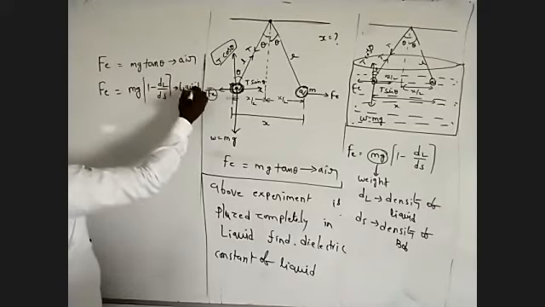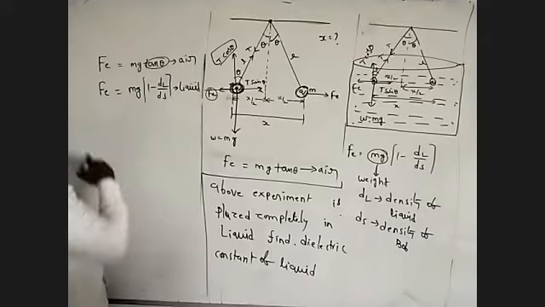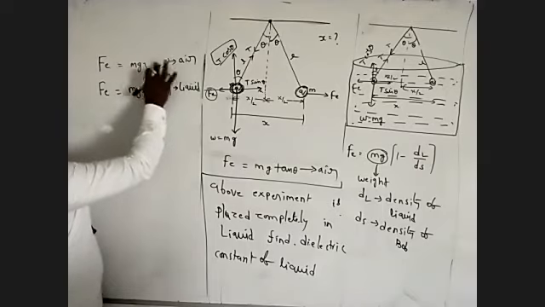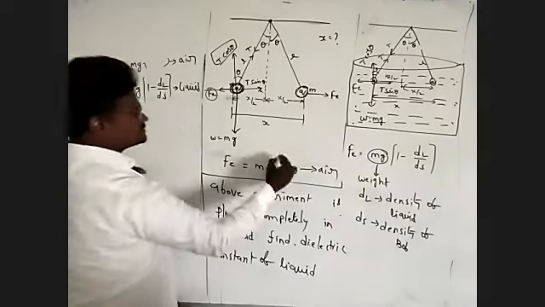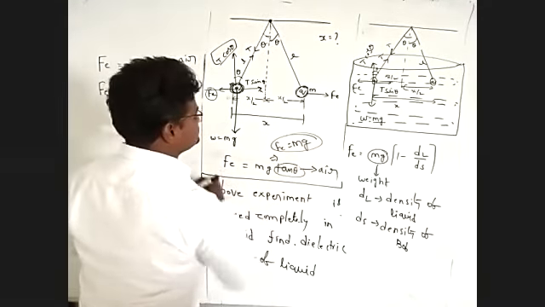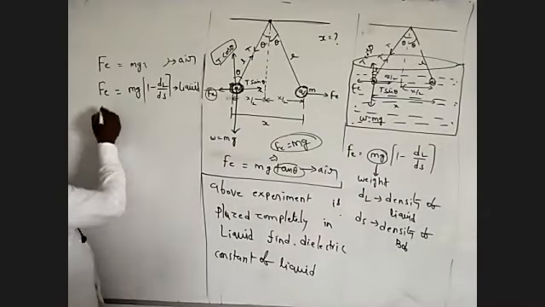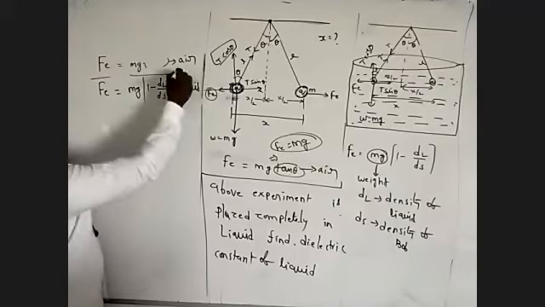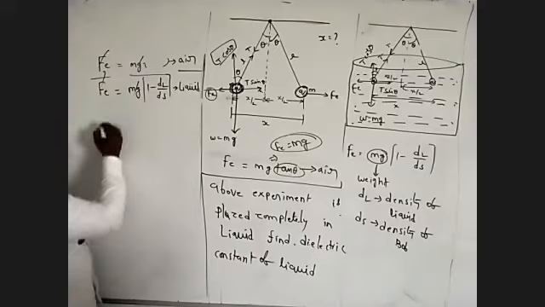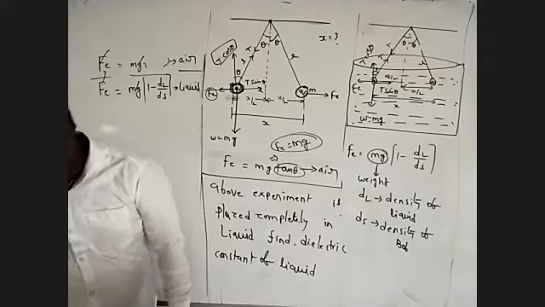Now tan theta is a constant, you can remove it, since theta is a small angle. Next, divide the equation in air by the equation in liquid. Fe cancels, mg cancels.